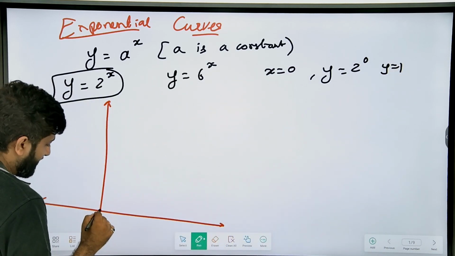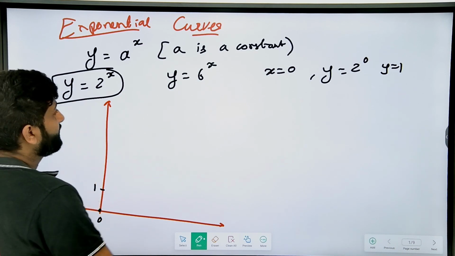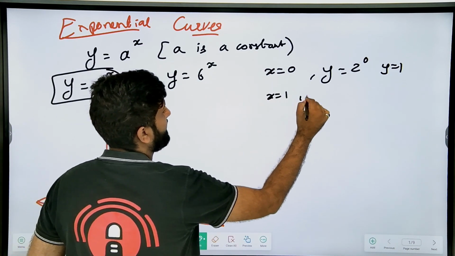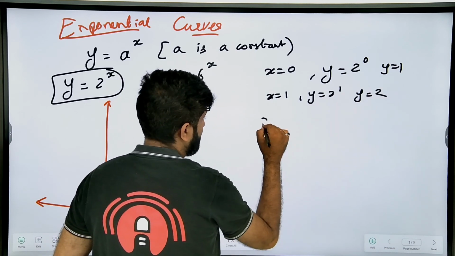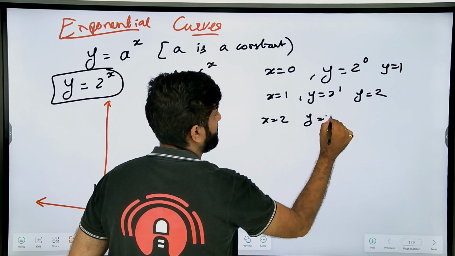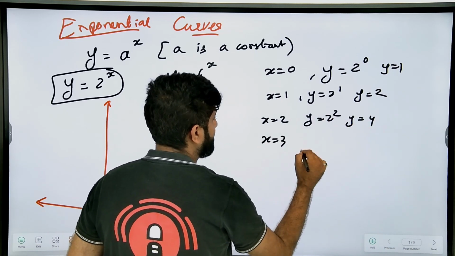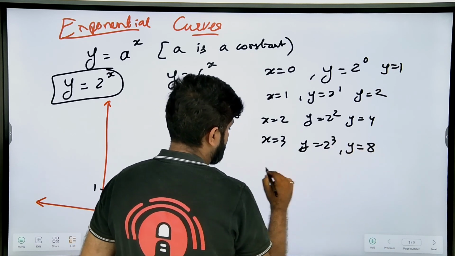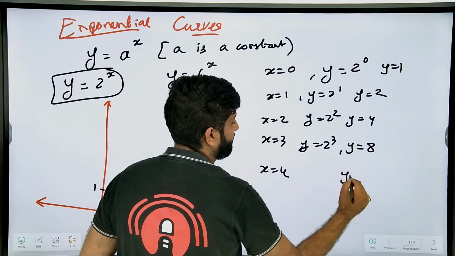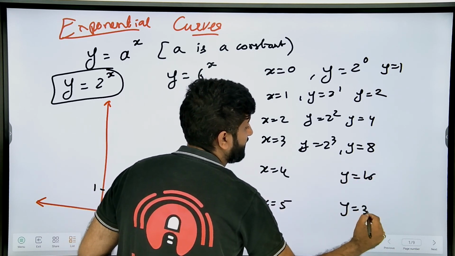So when x is 0, the value of y is 1, right? Now when x is 1, y is going to be 2 raised to 1, that is 2. When x is 2, y is going to be 2 squared, that is 4. When x is 3, y is going to be 2 cubed, that is 8. Similarly, x is 4, y is going to be 16. X is 5, y is going to be 32.